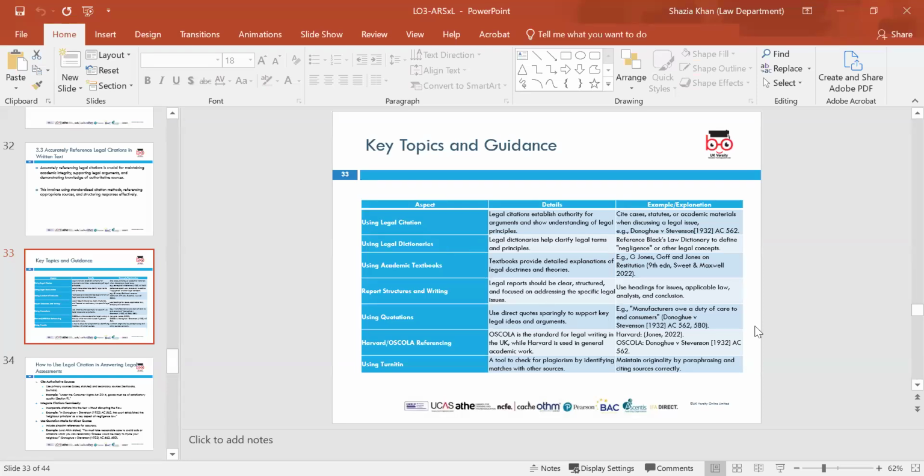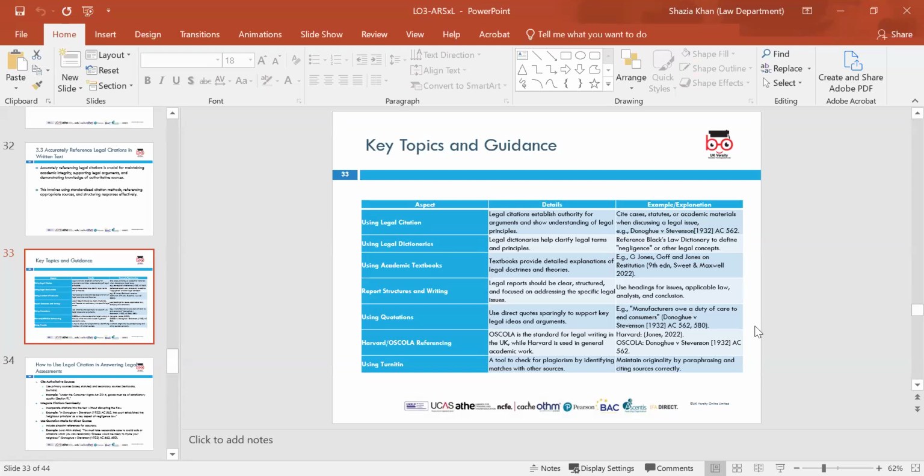Using legal dictionaries helps clarify legal terms and principles, like Black's Law Dictionary to define negligence or other legal concepts. Using academic textbooks can provide detailed explanation of legal doctrine and theories. For example, on restitution, Jaffey or Jones on restitution.